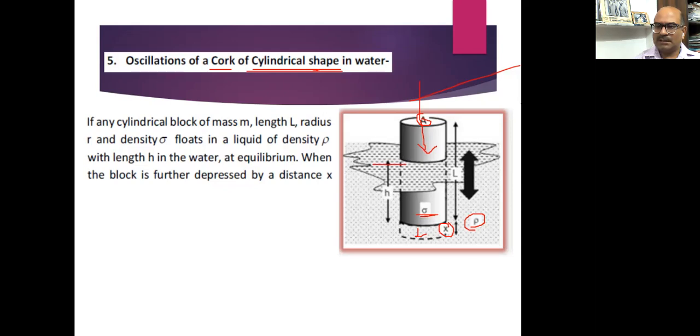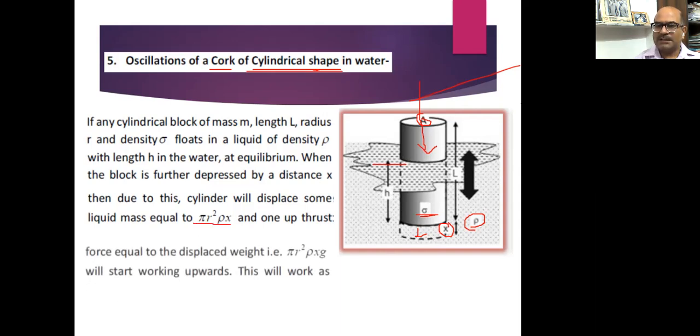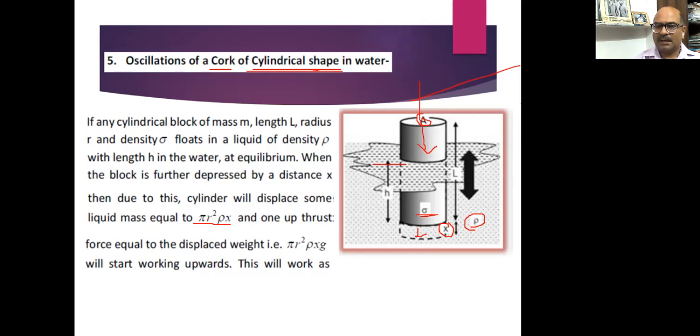This length h is in water; the total length is capital L, but only this h length is in water and it is at equilibrium. When the block is depressed by a distance x, the cylinder will displace some water. Whatever liquid it displaces, pi r square rho x, it will create the thrust.